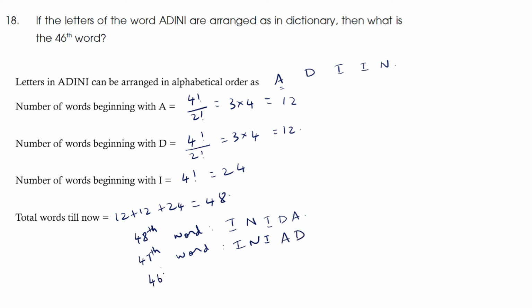Then the 46th word, it will be IN. Then we will have the next word here, DIA. So the 46th word will be INDIA. So when the letters in this word are arranged in the alphabetical order, the 46th word is INDIA.